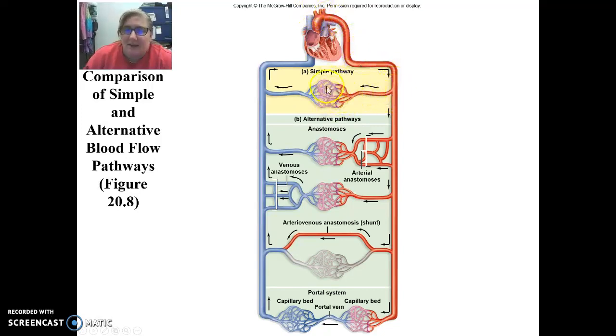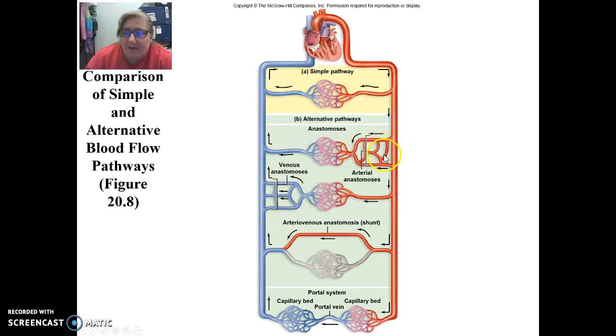And so we're going to have gas exchange occur at all of our body tissues in the capillaries, and then blood flows back through the veins of the body to the right atrium. That's your normal pathway of blood. Alternatively, though, we can have anastomoses that bring blood in through different arteries or through different veins to a capillary bed.